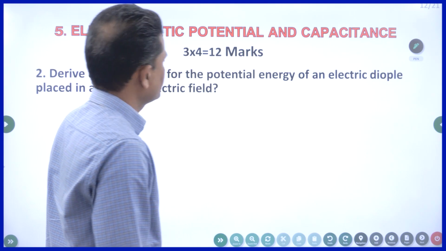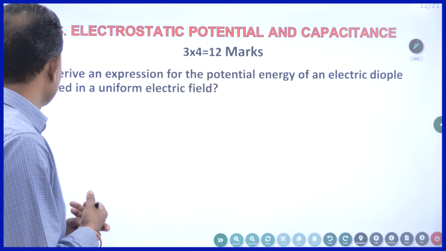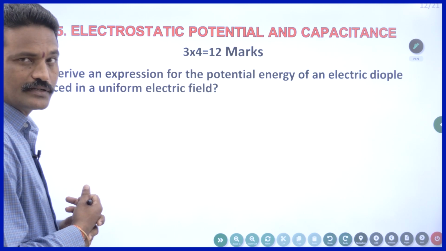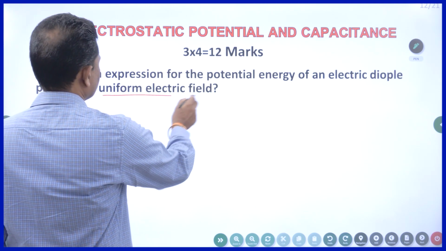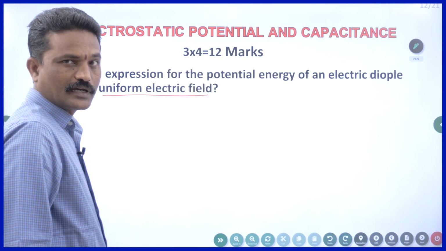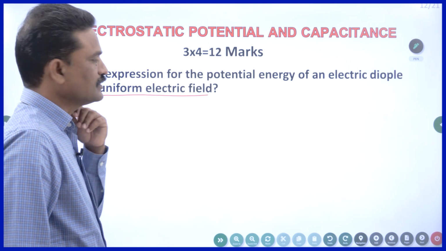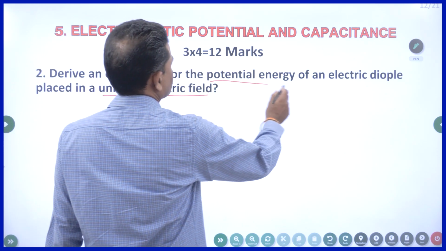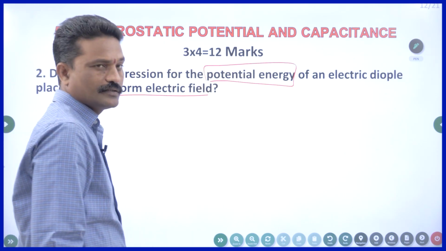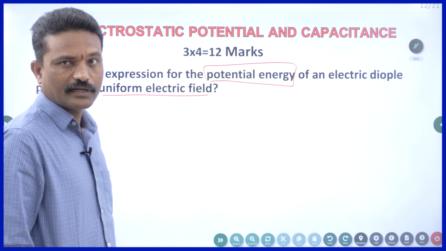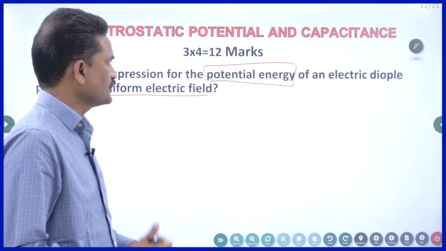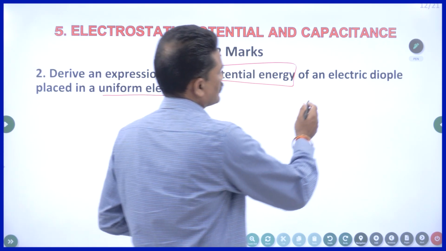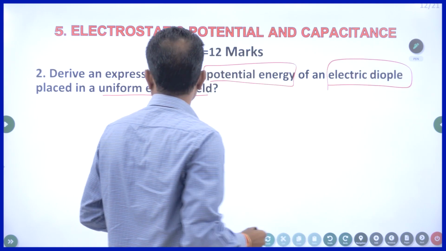Derive an expression for the potential energy of an electric dipole placed in a uniform electric field. One more time, uniform electric field having parallel electric lines of force. Potential energy: just now I told you, the work done against its wish is stored as potential energy. You are familiar with an electric dipole.